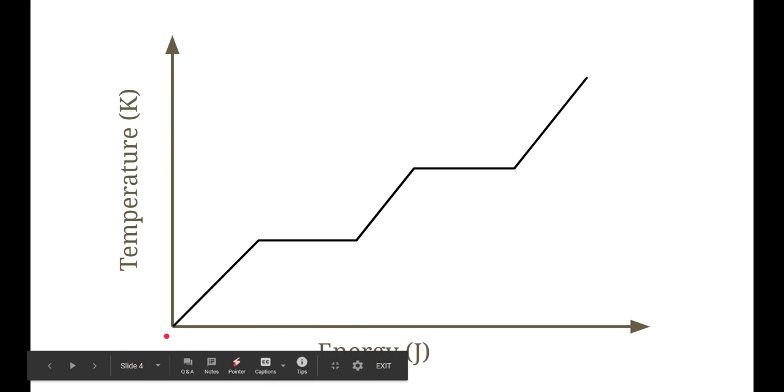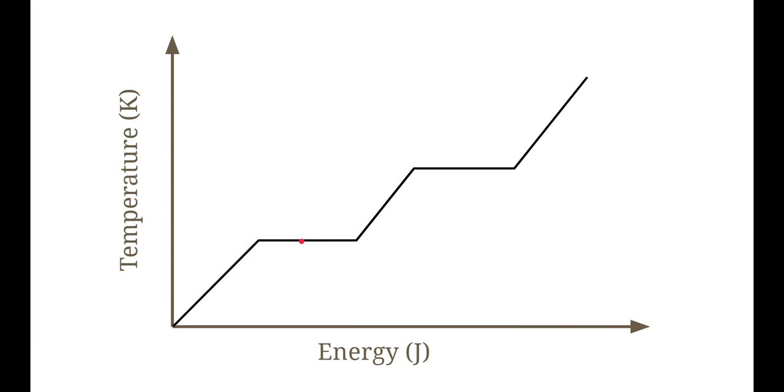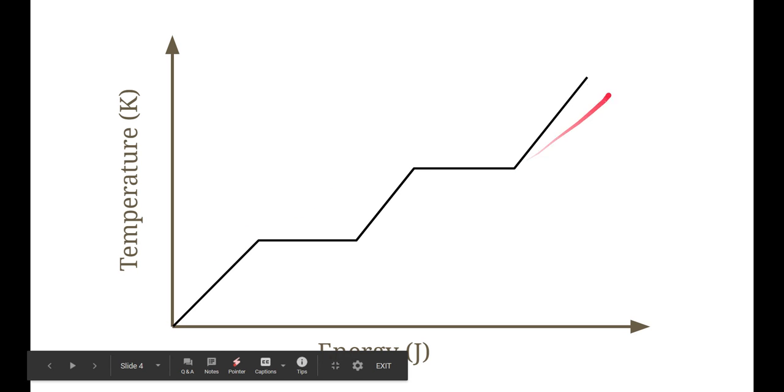What this shows is that as we add energy to a material, the temperature rises and then the temperature stays consistent for a little bit before rising again. And so even as we add energy, the temperature takes breaks in rising, and we'll talk about why that happens in a moment.